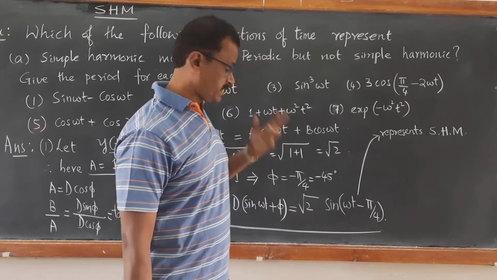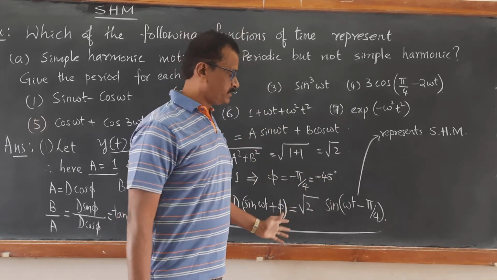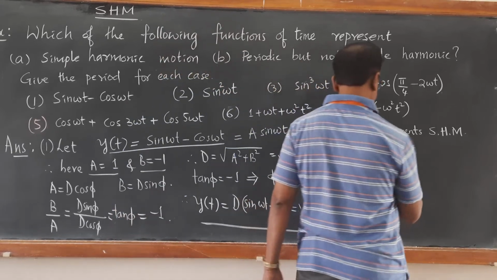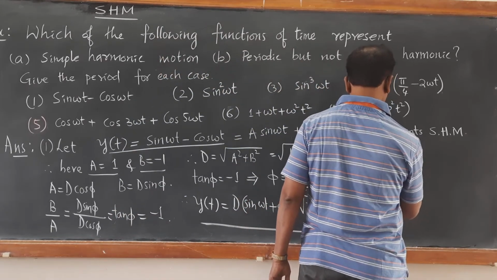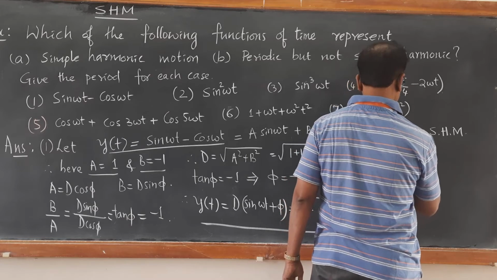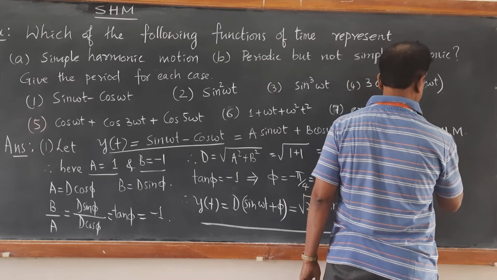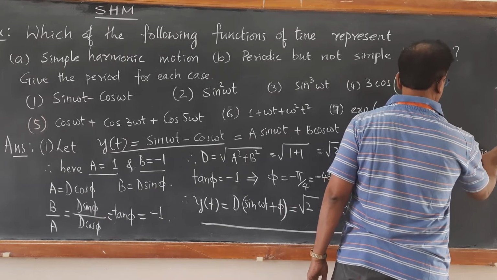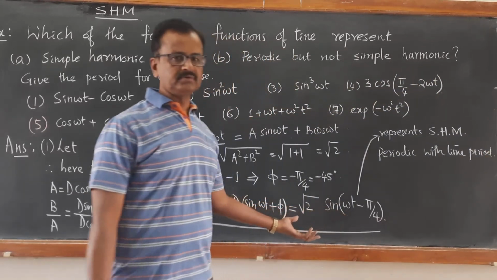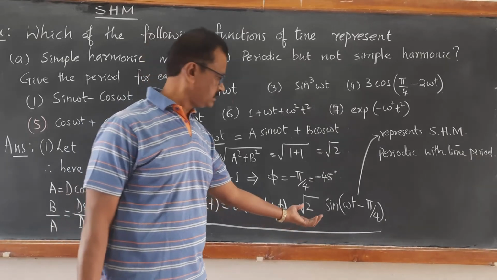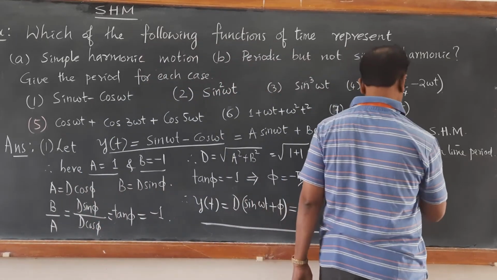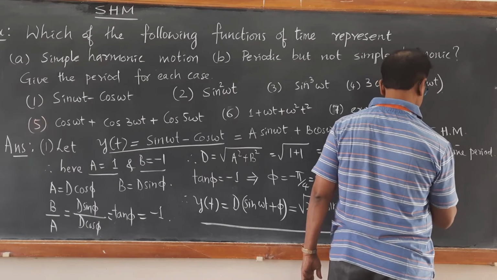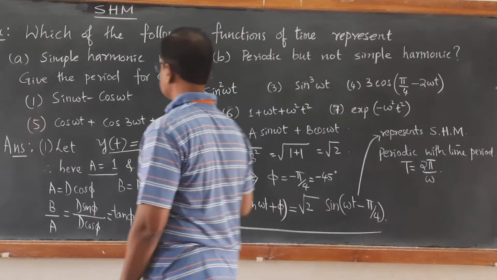So it is of the standard form, therefore it represents periodic as well as simple harmonic. It is periodic with time period, as we have already found out for sine function and cosine function. Time period T will be equal to 2 pi by omega. So that is first question.